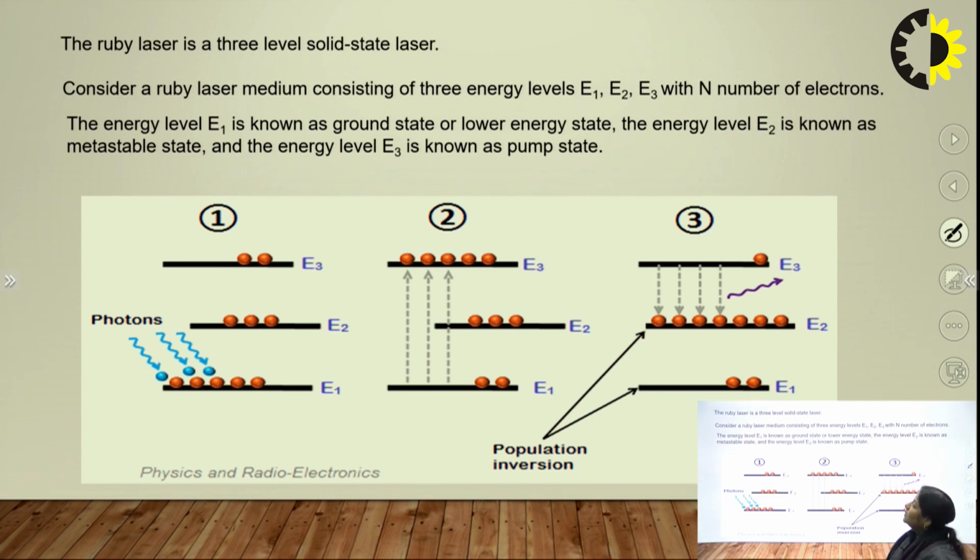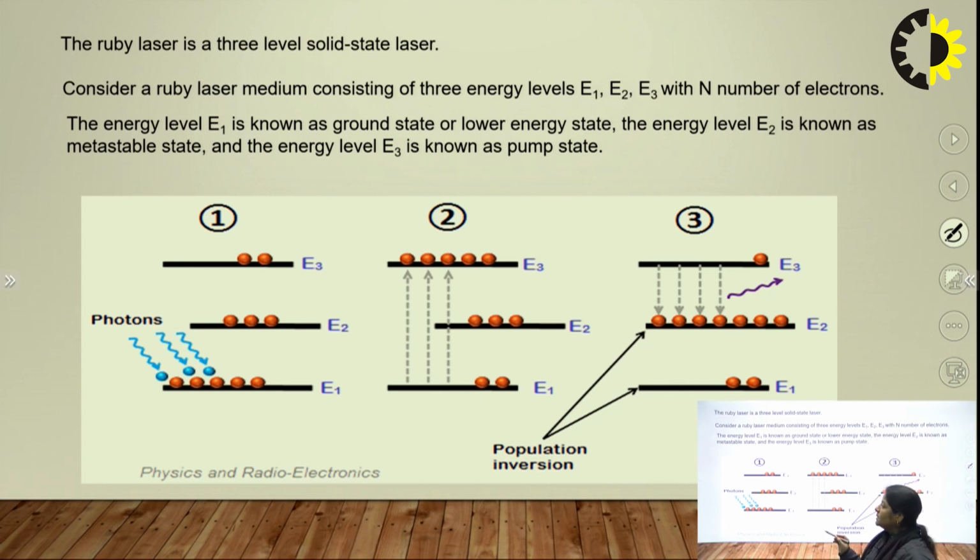Whenever we study about the working of the laser, we take the help of these energy level diagrams, where the energy levels are drawn and the atoms are drawn, and the movement of the atoms is shown, and how the movement of the atoms is generating the beam. With the help of the energy level diagram only we can understand what mechanism is happening when the laser beam is formed. So this is step number 1. We start with this step.